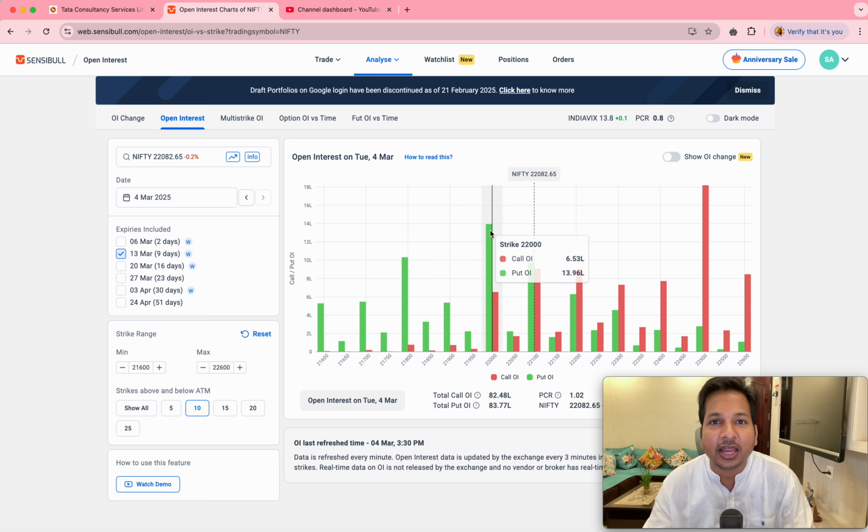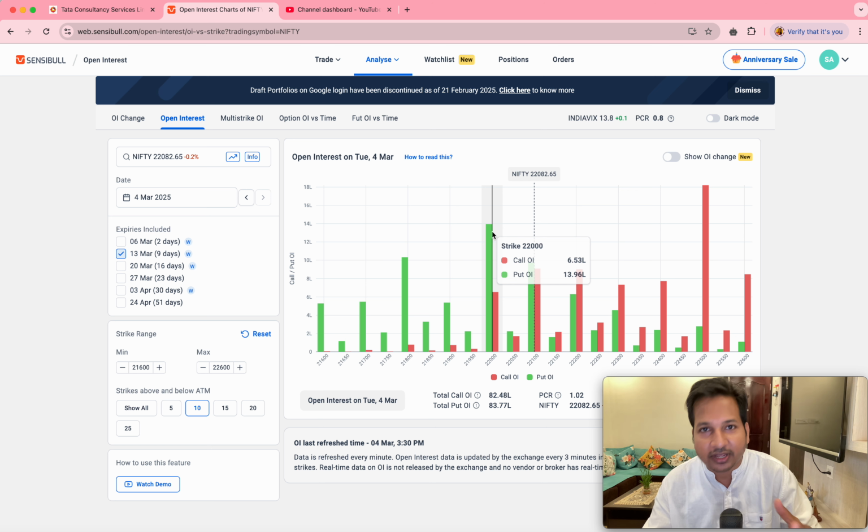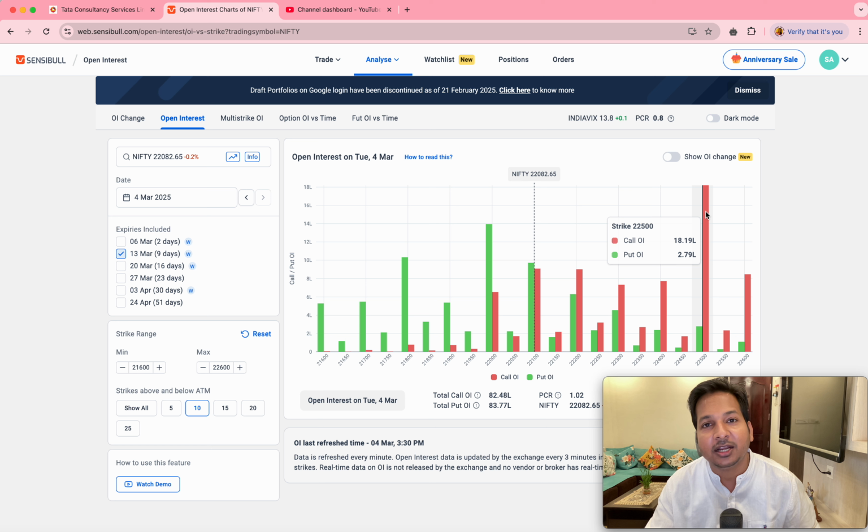So see what happened today, 4th March, when Nifty touched 22,000, whether it touched yesterday, whether it will touch tomorrow, how it will react, how people will come and buy at that level, how Nifty will behave up at 22,500, and whether your stock is behaving as per the open interest data. All that you learn.